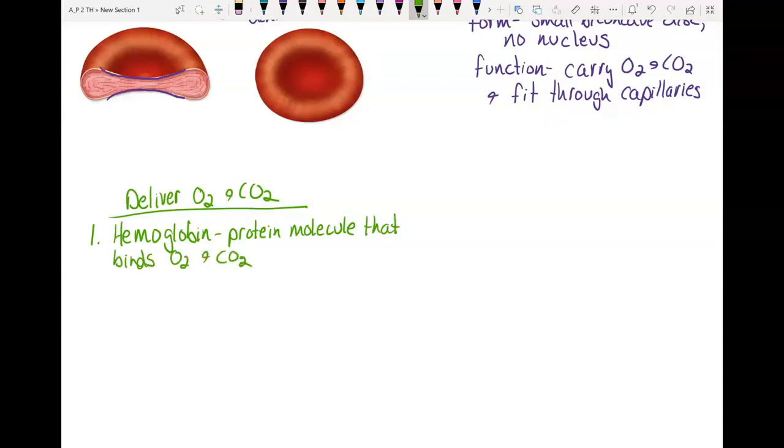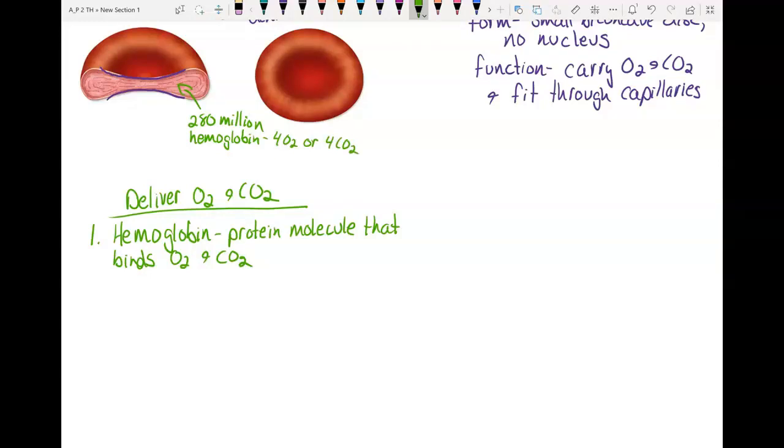In fact, inside each one of these erythrocytes, there are about 280 million hemoglobin molecules. Each one can bind either 4 oxygen or 4 carbon dioxides.